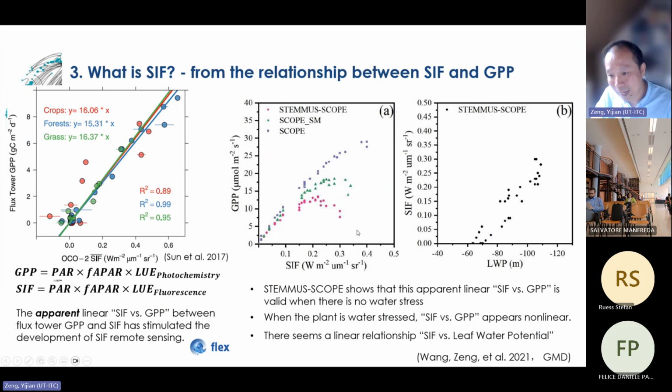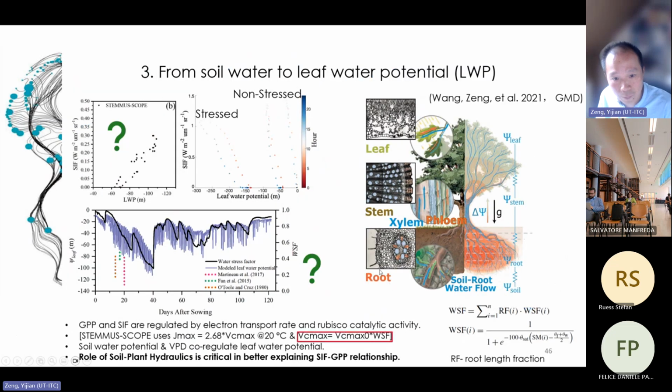On the other hand, if you look at the fluorescence signal with leaf water potential, you can find a linear relationship. This is mainly because within the STEMscope model, the water stress factor, which is a function of the root soil moisture content and also the root length fraction, controls the leaf water potential.